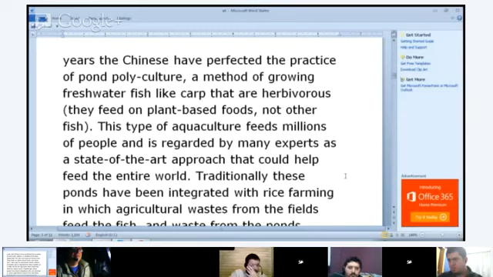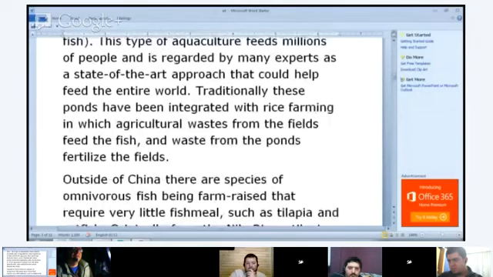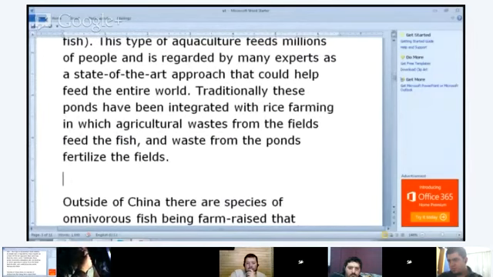They feed on plant-based foods, not other fish. This type of aquaculture feeds millions of people and is regarded by many experts as a state-of-the-art approach that could help feed the entire world. Traditionally, these ponds have been integrated with rice farming, in which agricultural wastes from the fields feed the fish, and waste from the ponds fertilize the fields.